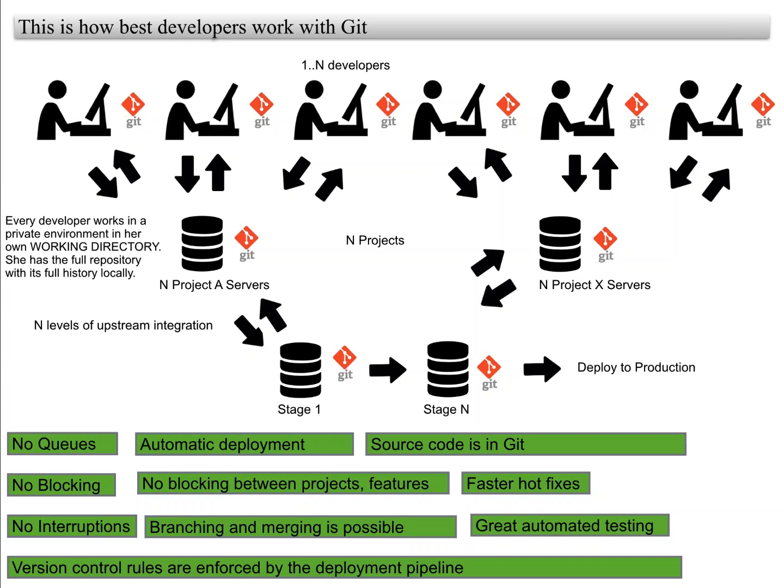So the best developers in Git work in a kind of pyramid structure, and how high the pyramid is and how complex it is depends on the size of the team and the complexity of the team. But basically, everyone works locally in his or her own local environment without interrupting each other.